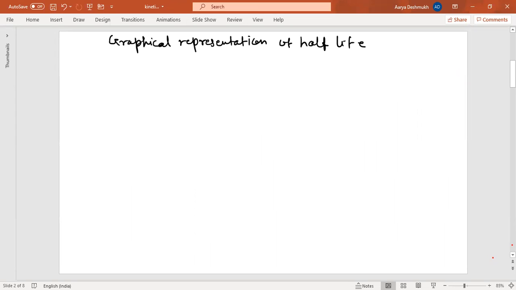Okay, now if you plot the graph for this, we have this equation in front of us, that is T half equals 0.693 divided by K, isn't it? Now if you plot the graph of concentration of A at time T versus time, you'll get such type of curve.